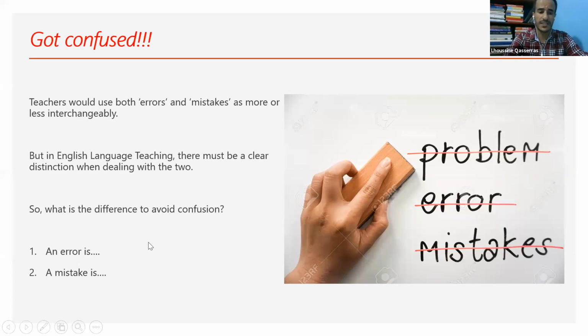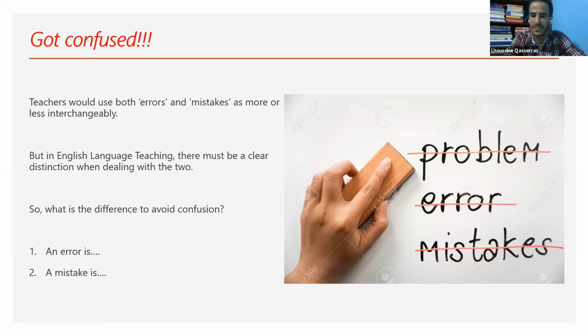Now, in the chat box, can you write? An error is, a mistake is. Let me read yours. An error is a fossilized mistake. Ashraf, good. Awatif, the same. Errors are slips. All right. Errors are slips of the tongue. We will see. Khawla, the error is found out by the teacher. Interesting.